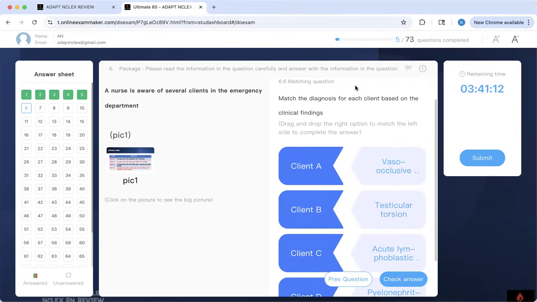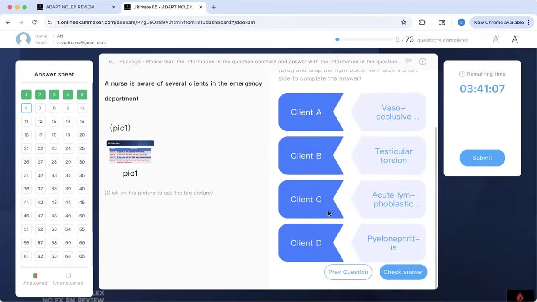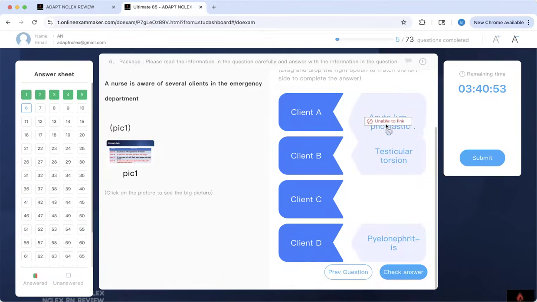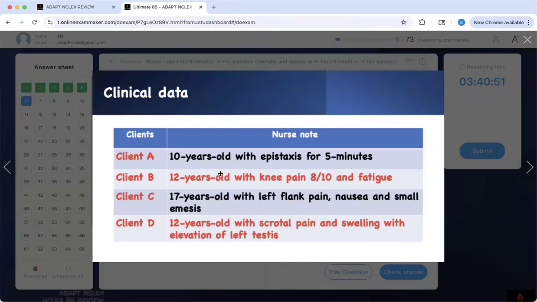Now, match the diagnosis for each client based on the clinical findings. Now that we know what is wrong with each patient, you should match what is going on with them. What do you think? Number one, a 10-year-old with epistaxis for 5 minutes. We know this is a leukemia patient. A 12-year-old with knee pain and fatigue.